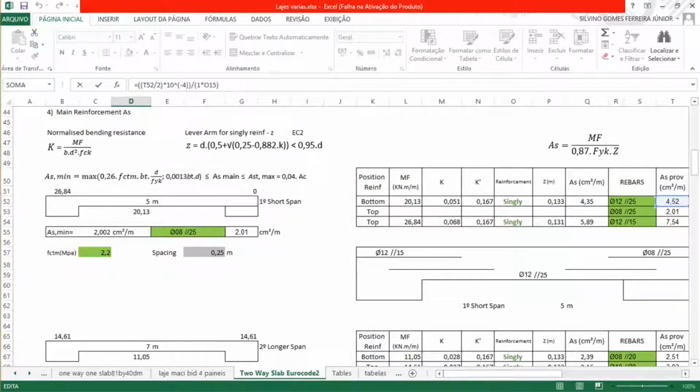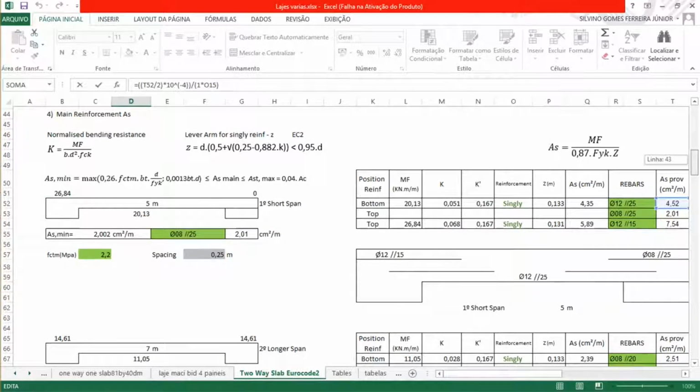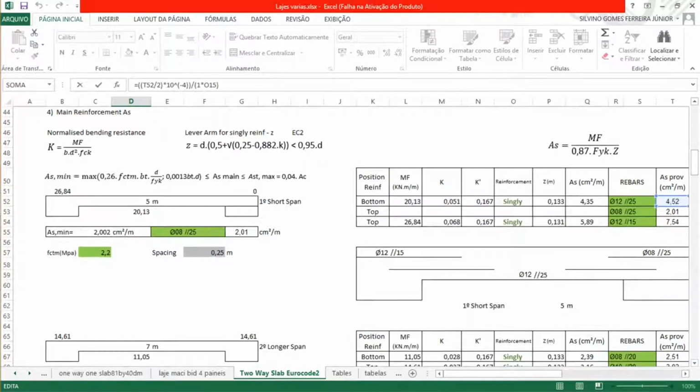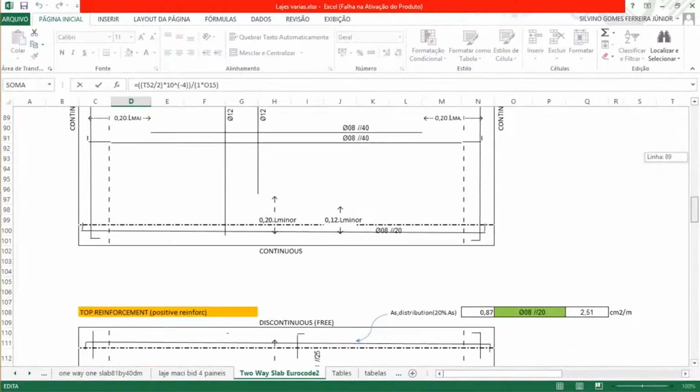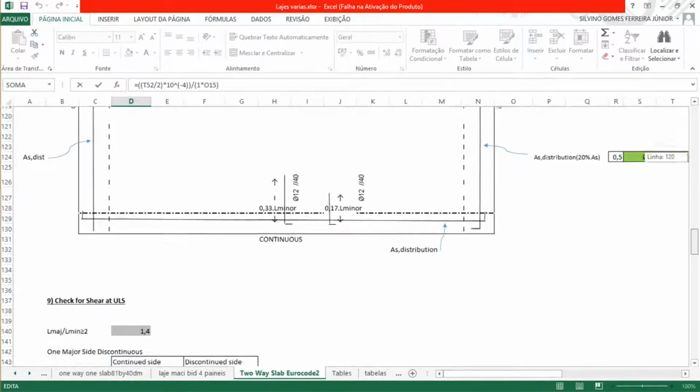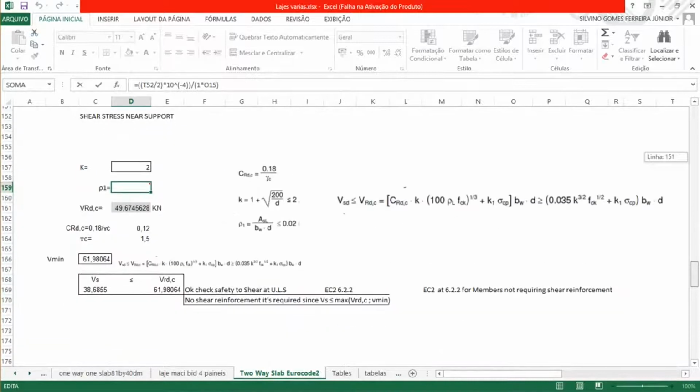this main reinforcement in the bottom was 4.52, and on the corners this value will go here on the bottom, from one corner to the other, and we only need on the corners 50% of the reinforcement when we do the detailing of the reinforcement.